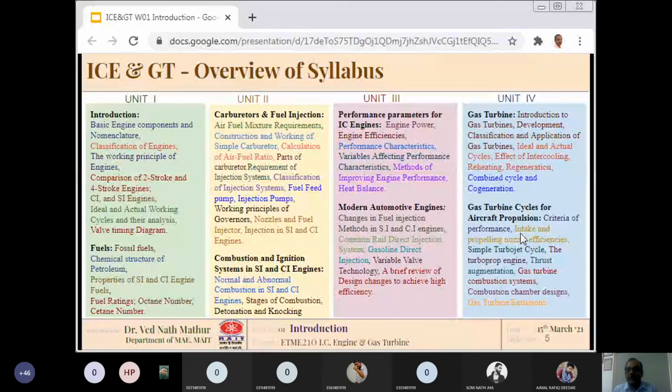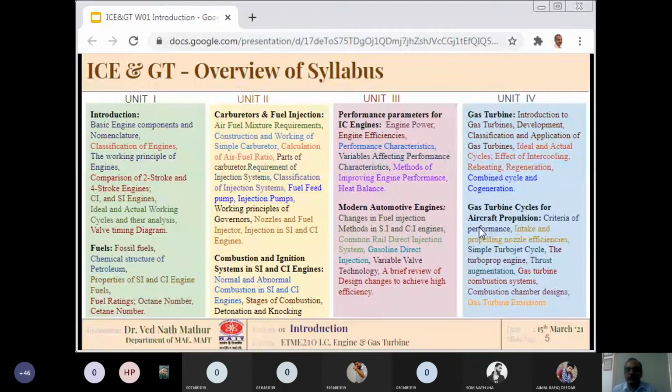And as I said, the last unit is on gas turbines. In the introduction, I hope you remember the Brayton cycle, which was part of gas power cycles, the last unit in third semester. We'll revise the Brayton cycle, see the difference between ideal and actual cycles, the effect of intercooling, reheating and regeneration, and what combined cycle and cogeneration are.